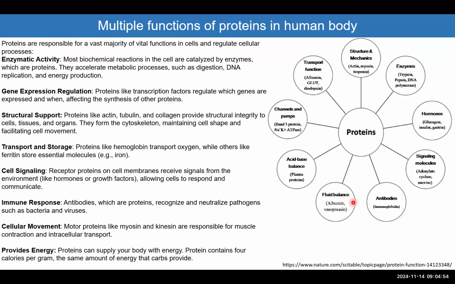Antibodies are proteins, which are the most important in the defense against pathogens. The organization of different cellular processes, including transport, like insulin transport, glucose storage, opening and closing of channels, regulation of acid and base, and the amount of water, the fluid balances, all that is done by proteins.